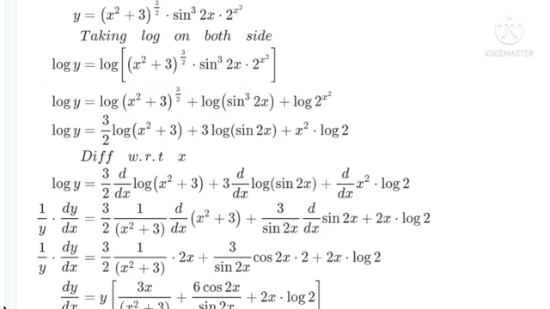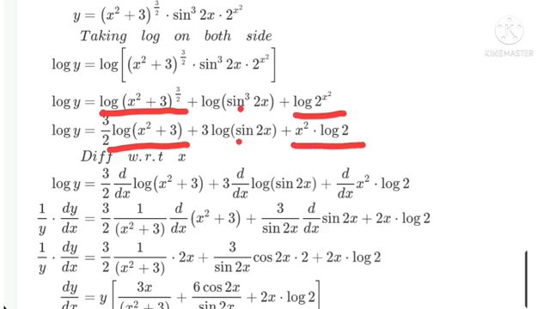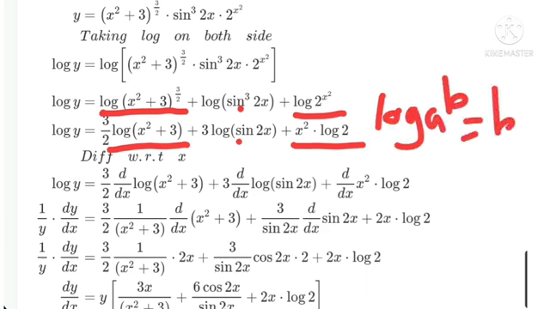So we get, here you use the log m raised to n is equal to n into log m, so 3 upon 2 into log x square plus 3. Here log sine cube 2x is 3 into log sine 2x, and here log 2 raised to x square is x square into log 2. We use here formula log a raised to b is equal to b into log a.